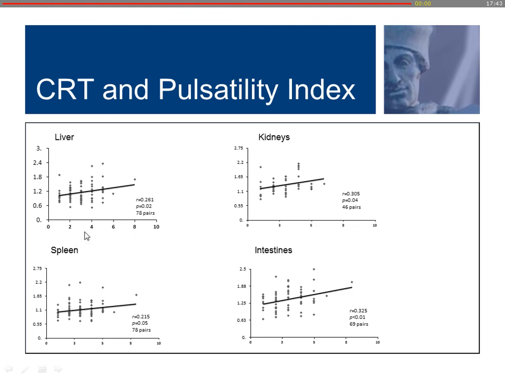And so what they found in liver, spleen, intestine, and kidneys, the longer your capillary refill time, the worse your vital organ blood flow in the liver, the kidneys, spleen, and intestine. So there is a link between this indicator of abnormality in a microcirculation and your vital organs, if you're interested in that.